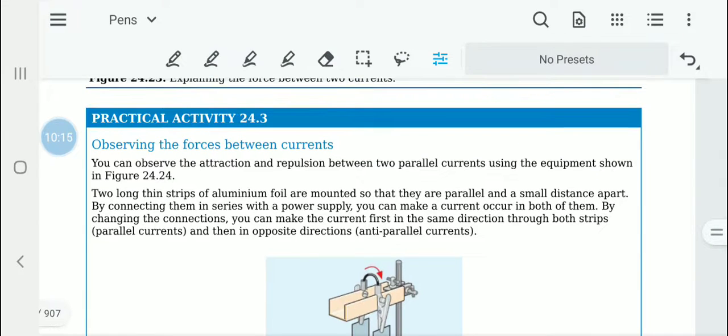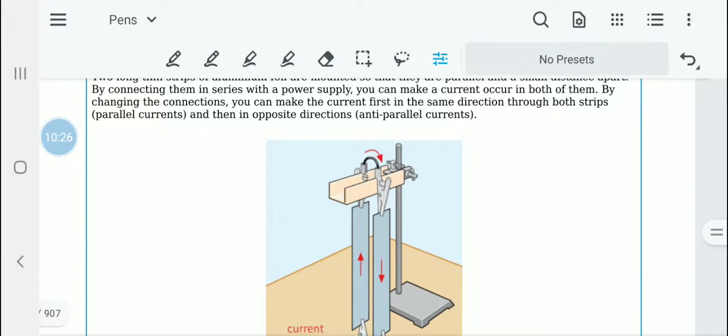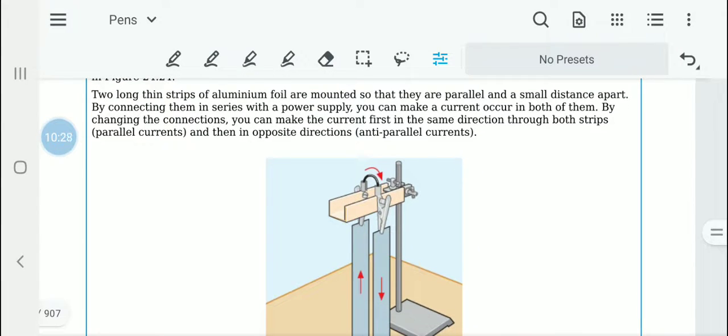Now what we are going to do is observe this in the laboratory using a practical activity. Here they use strips of aluminium foil and mount them parallel, only a small distance apart.